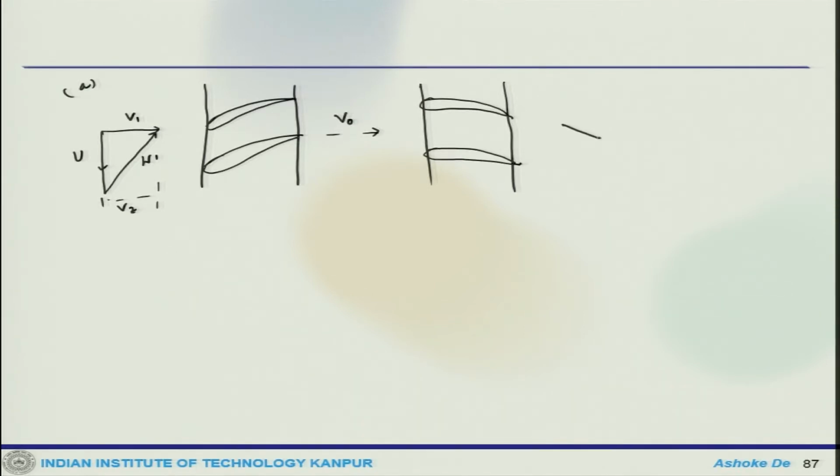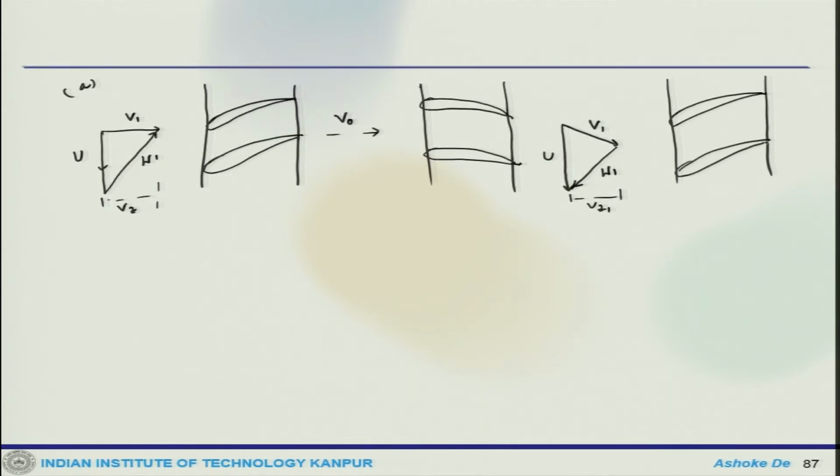When it comes out, this is U, this is W1. So, that is Vz1 and this is U, V1. Then again this goes back. So, these are two different scenarios.